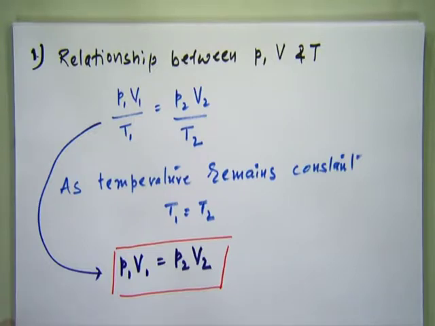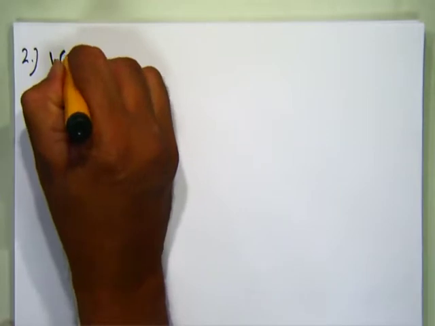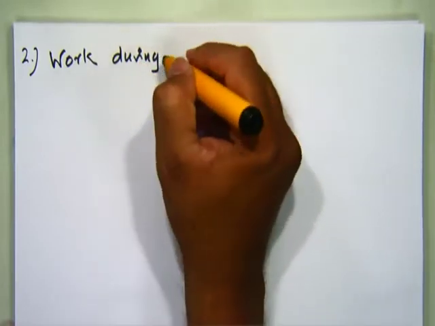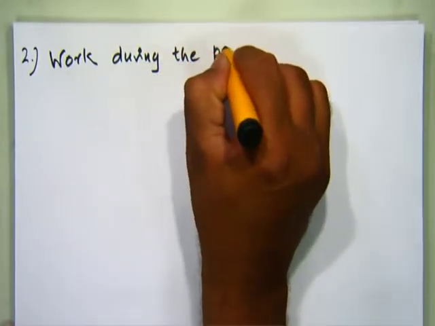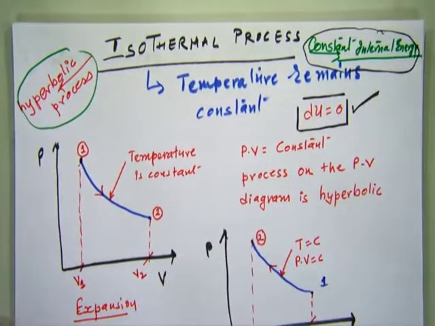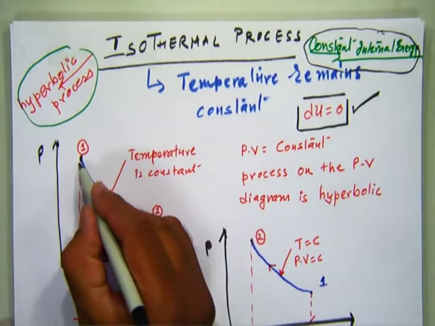Let us see the work during the process. Now, work means the area below this curve.